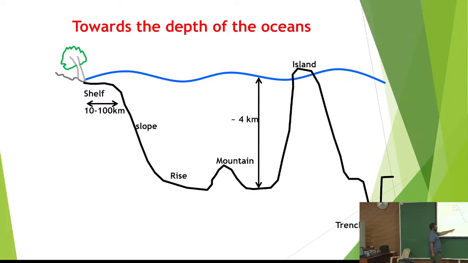There is a rise after the slope, and then there are mountains and trenches and even islands. Okay. Some mountains pop up as islands, and this is how the ocean looks geographically. And this particular shape has a lot of importance in the way the ocean behaves, especially dynamically. You know, this is just fluid. Okay.